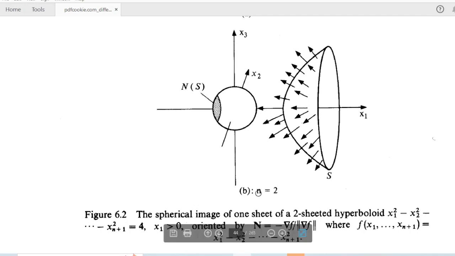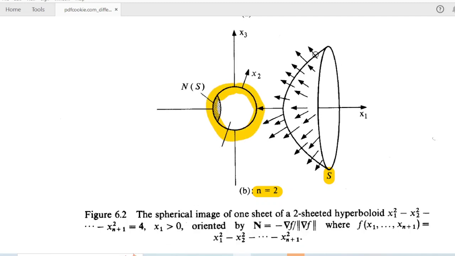So, suppose we consider n equal to 2. Let us define the Gauss map for n equal to 2. That means it is a function from a two-dimensional surface onto a sphere. You can see that it is a sphere.